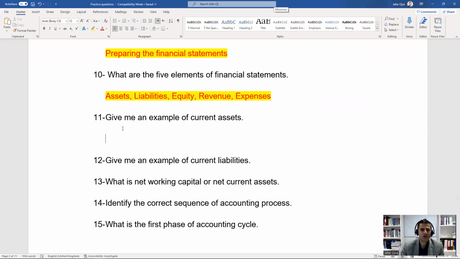So assets is all about what the business owns or controls. An example of current assets can be cash and bank, closing inventory, trade receivables.